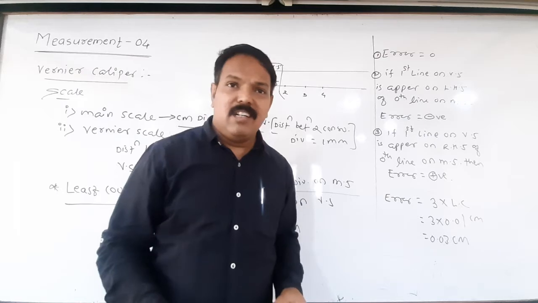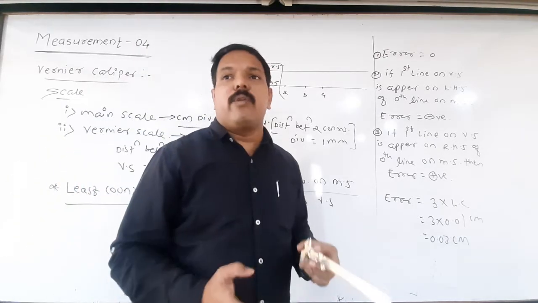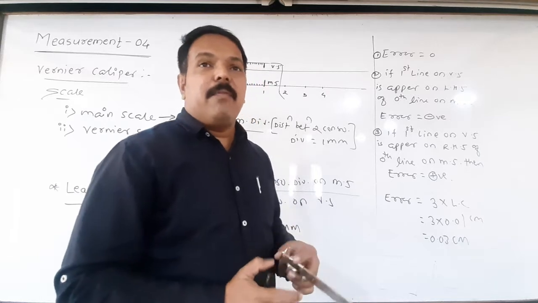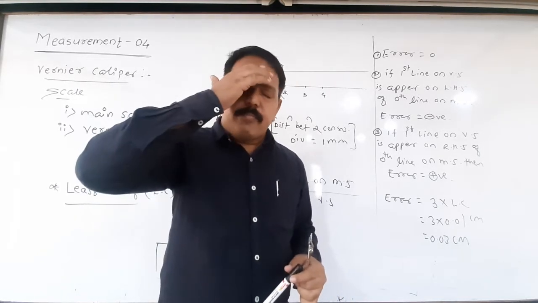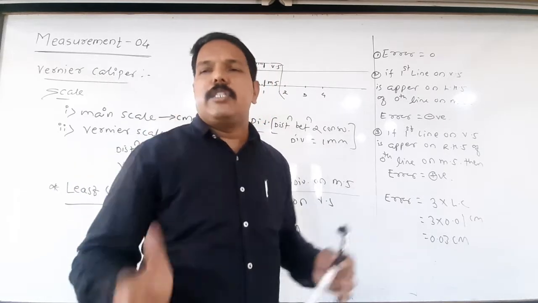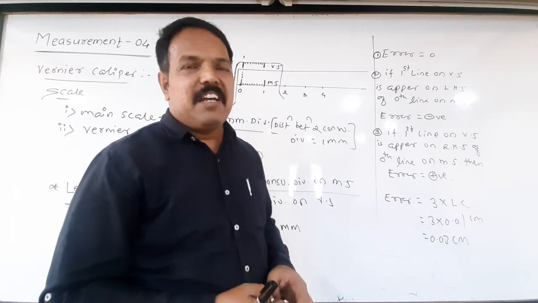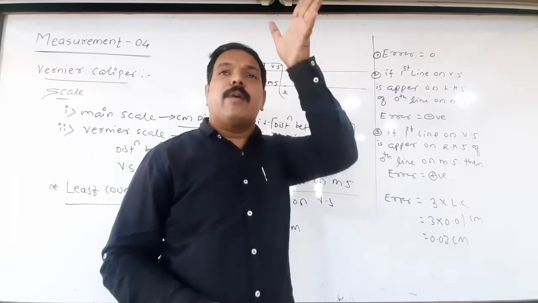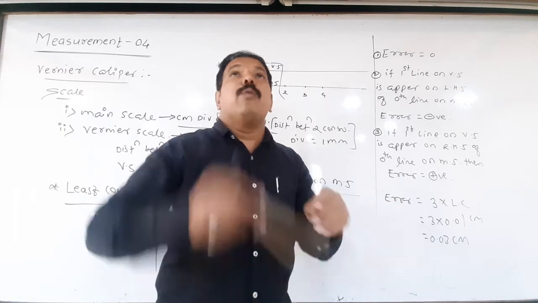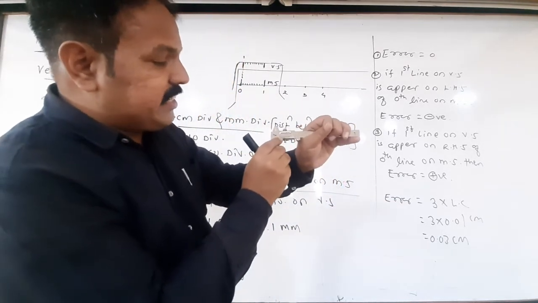Have you got how to calculate the error? Once again I am going to tell. The first line on the vernier scale may be on the LHS or RHS of the 0 on the main scale, but if the third line of the vernier scale is exactly matched with any one of the lines on the main scale, see which lines are matching, because these are just coinciding lines.